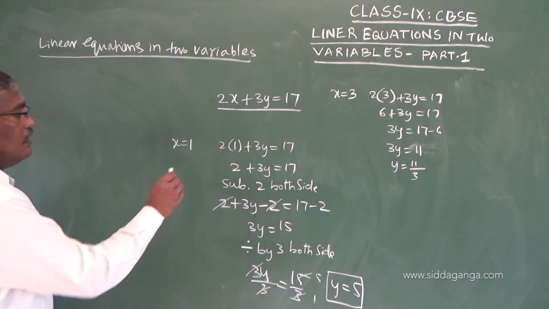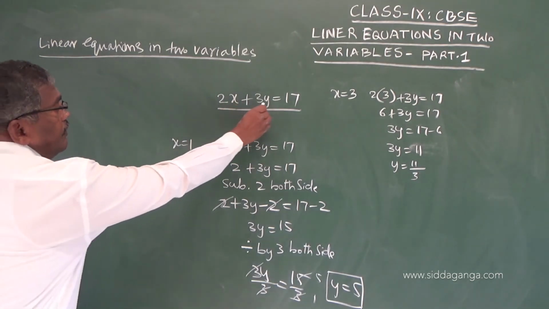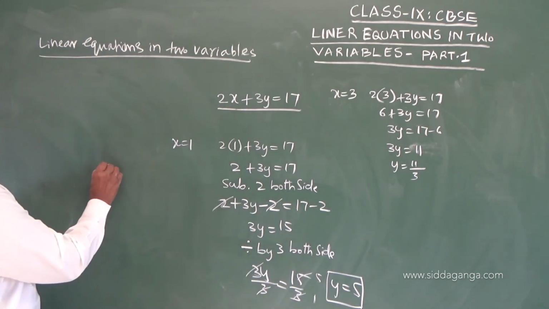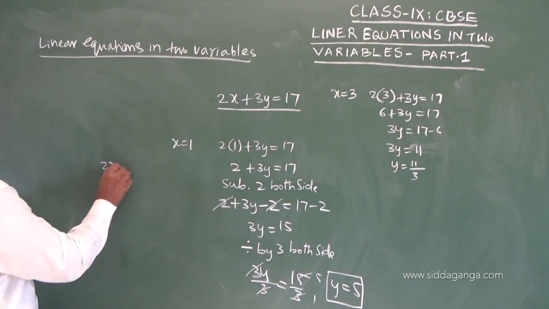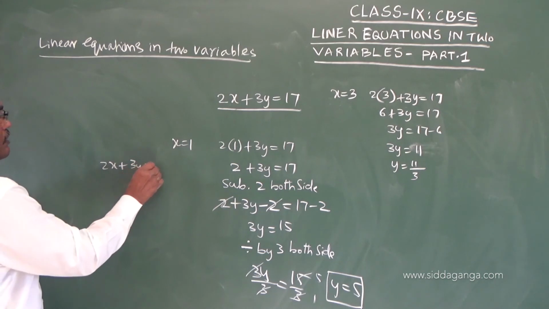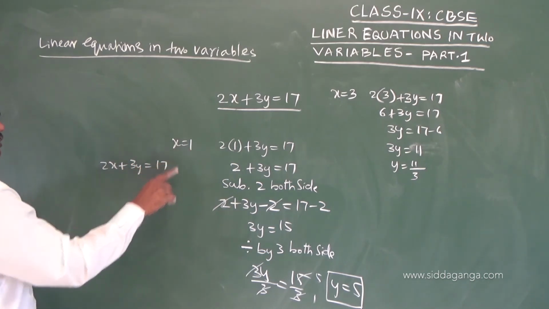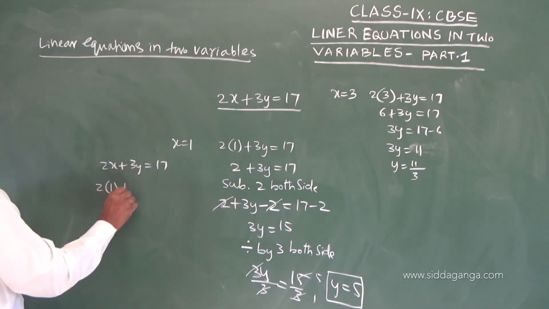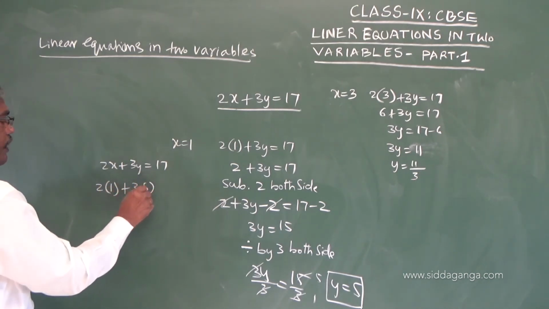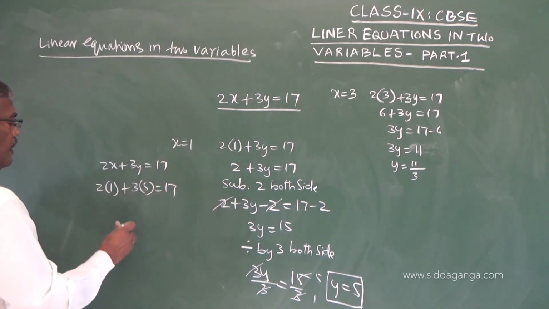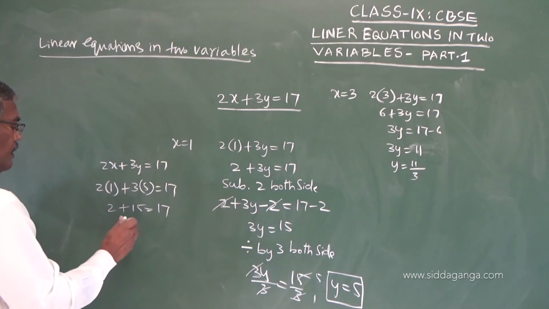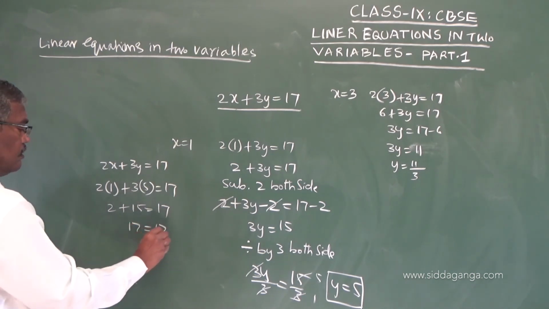Let us examine that. If I put x equals 1, y equals 5 in 2x plus 3y is equal to 17, so 2 into 1 plus 3 into 5 equals 17. So 2 plus 15 is equal to 17. 17 equals 17.